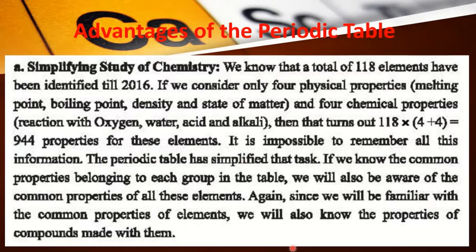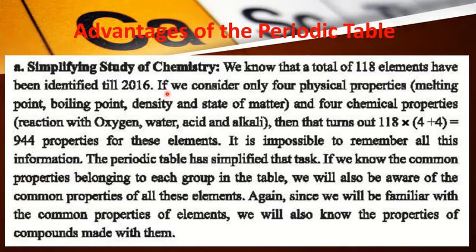Now, advantages of the periodic table. The periodic table has a great advantage in chemistry. Now we will learn about the advantages of this periodic table. At first, simplifying the study of chemistry. We know that a total of 118 elements have been identified till 2016.